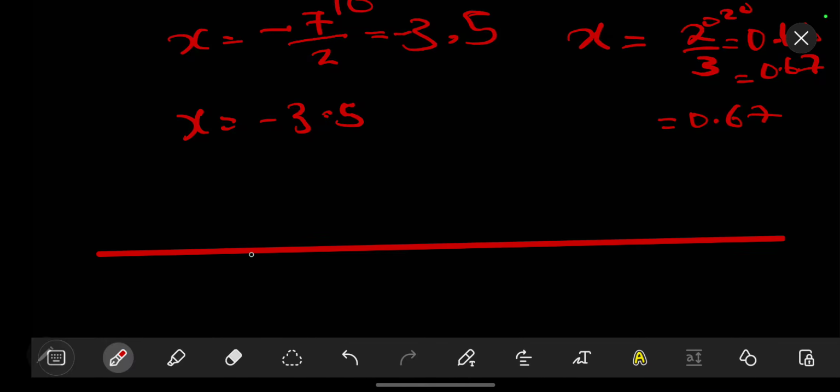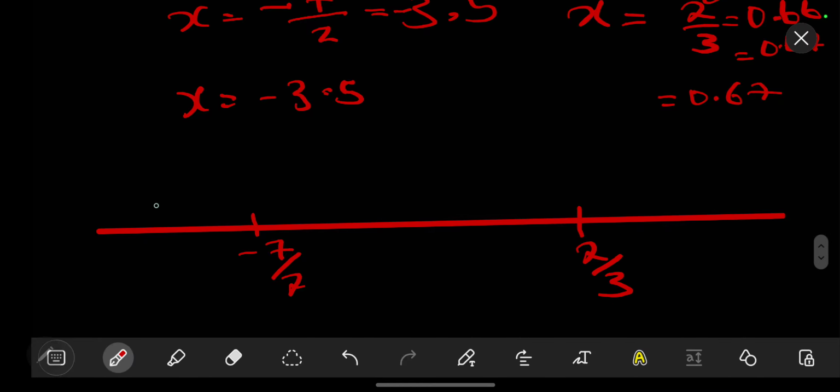So from this, the smallest value is a negative value, which we are going to write as our negative 7 over 2. Then the last value, which is our 2 over 3. So now the approach is the same. All the values that are on this side are less than this value. So we are going to say x less than negative 7 over 2.